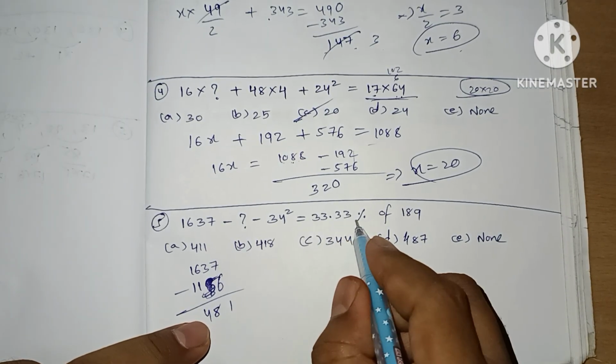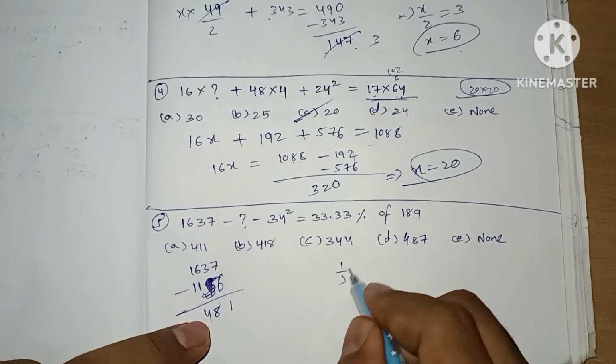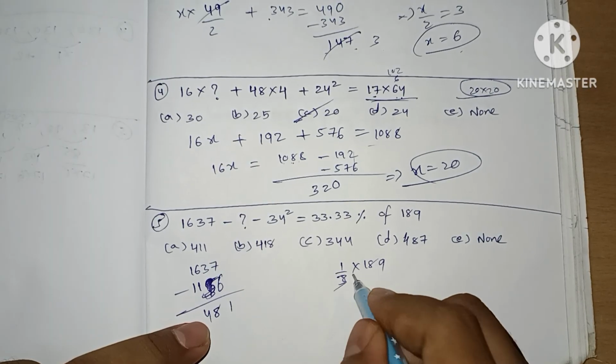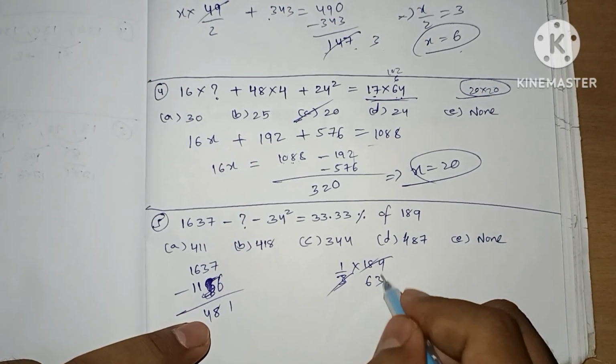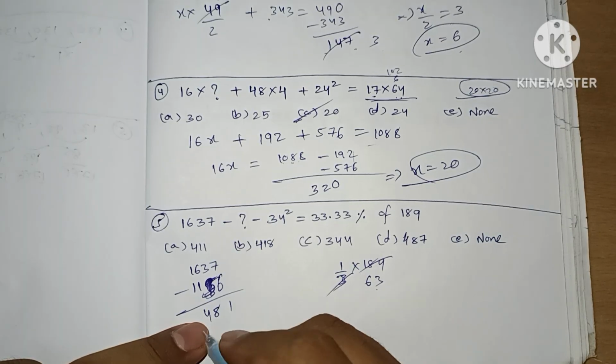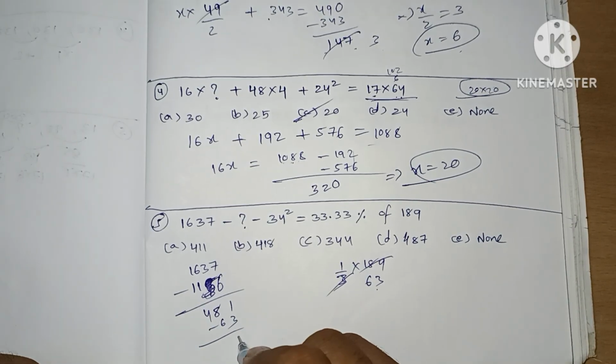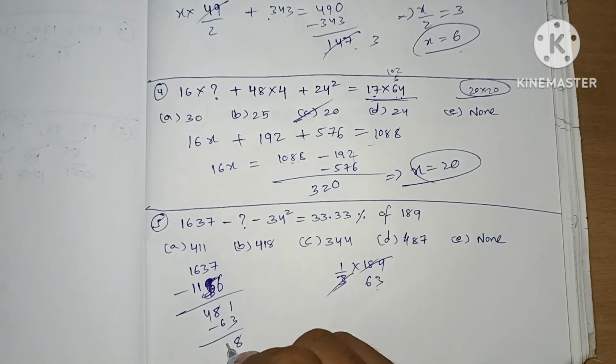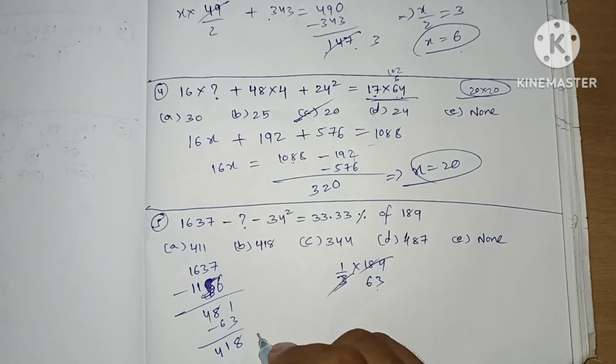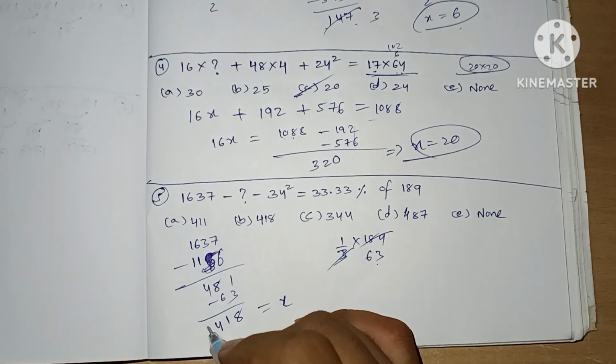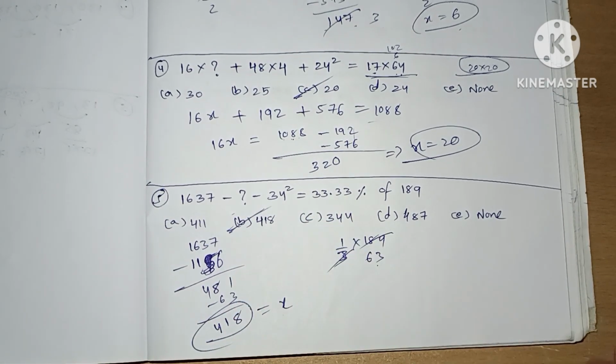This 33.3% means 1/3 of 189. 3 6 times and 3 times 63. This 63 comes to this side with minus 63. We have 7 8 and 7 1 4 1 8 equals x. So the answer will be 418, option B.